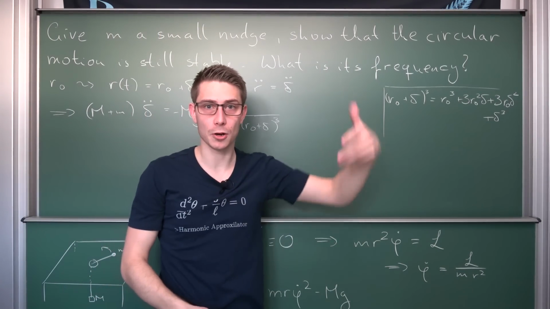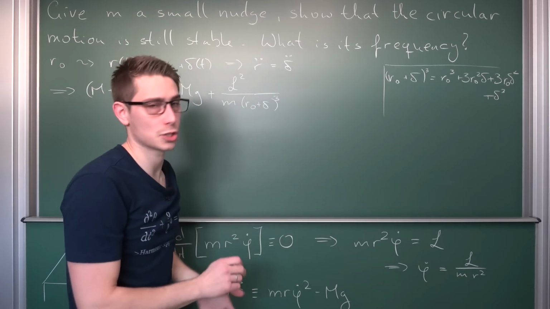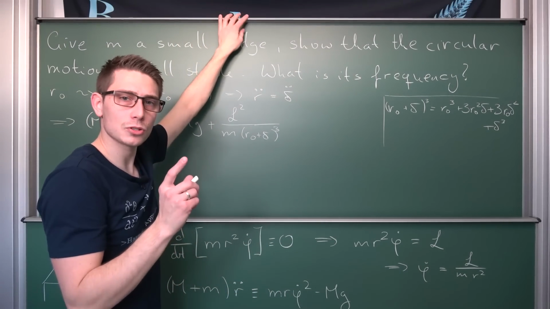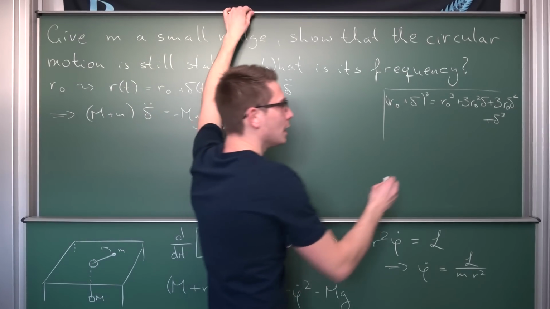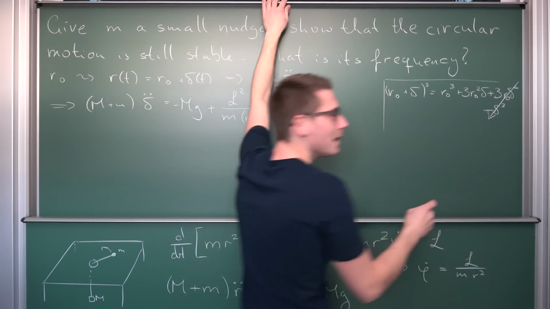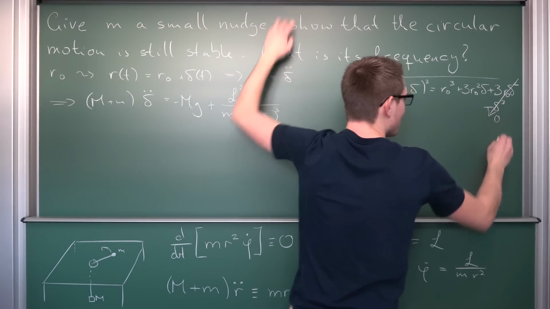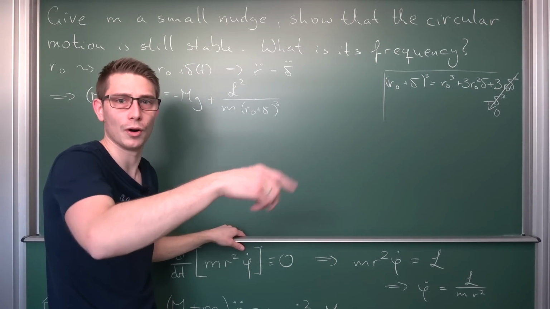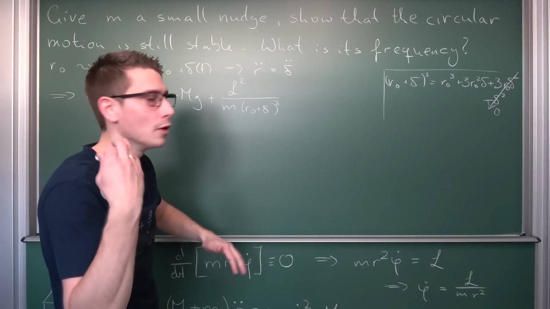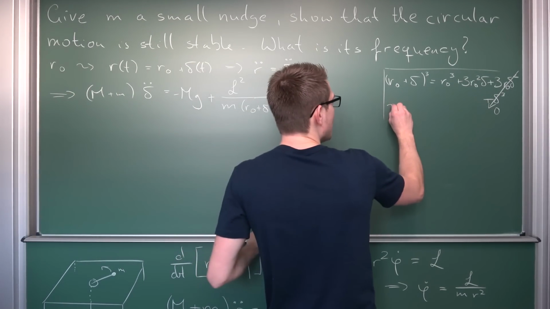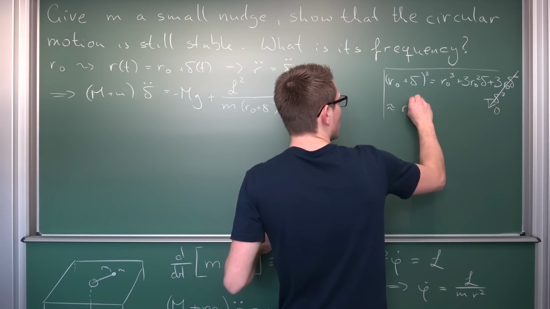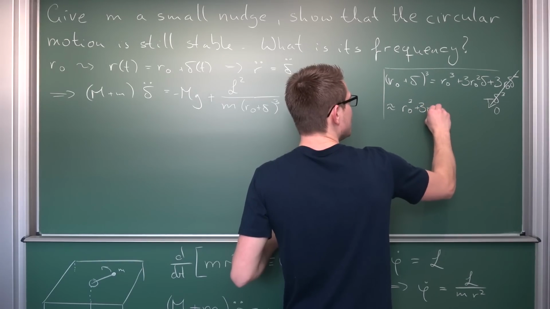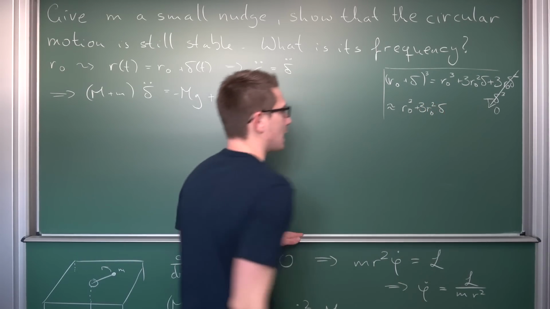If you have delta squared terms, basically, you are going to have them being negligible. Really, they don't matter for our approximation, because the nudge is already so small that if you take it squared, it's going to go to 0 way, way faster than all the other terms. Meaning this is approximately r naught to the third power plus 3 r naught squared times delta.